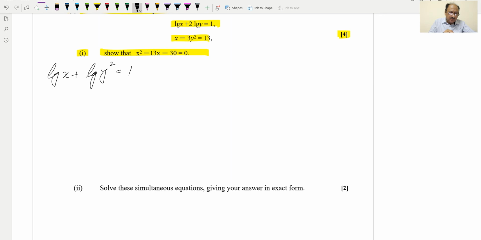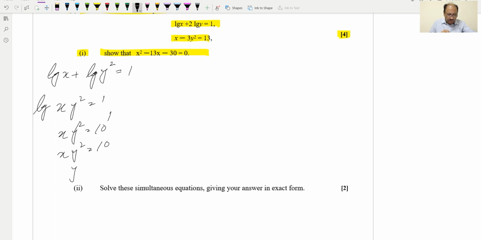We can apply the log rule on this, so log of xy square is equal to 1. So now we can write xy square is equal to 10 raised to 1, which is xy square is equal to 10.